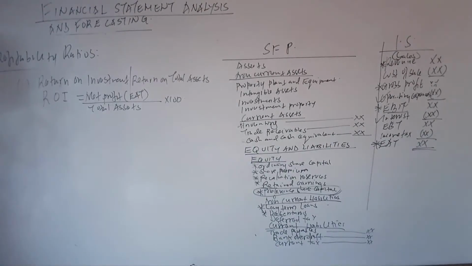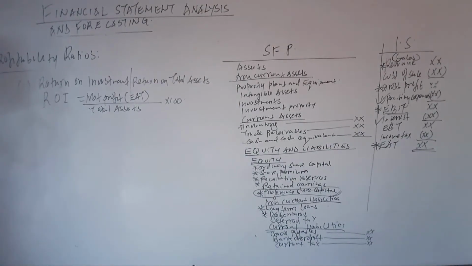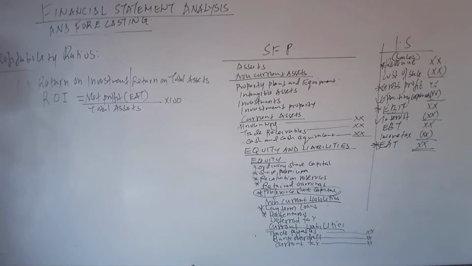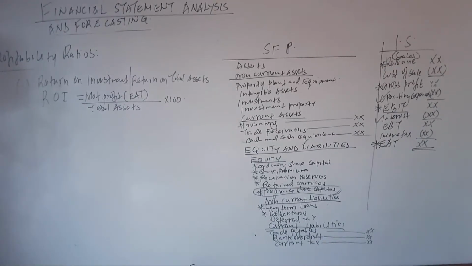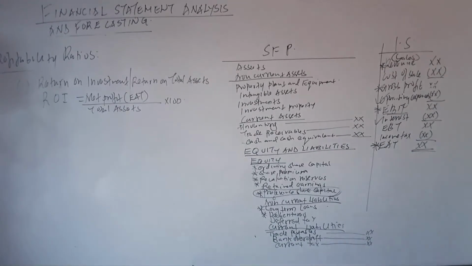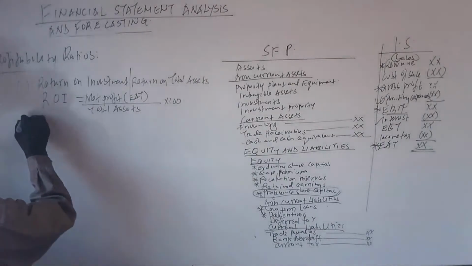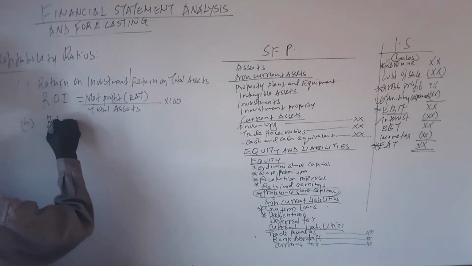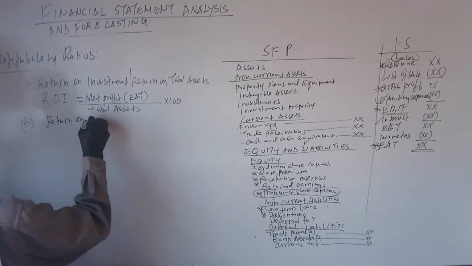Then we go to number 2, or part B. We talk about the return on equity, or return on net worth.